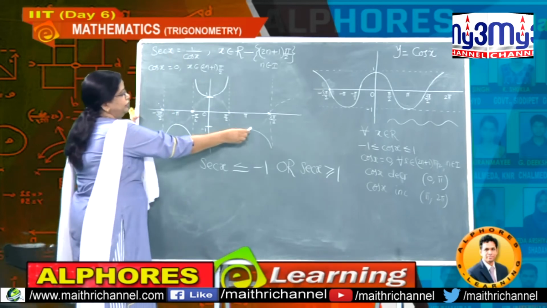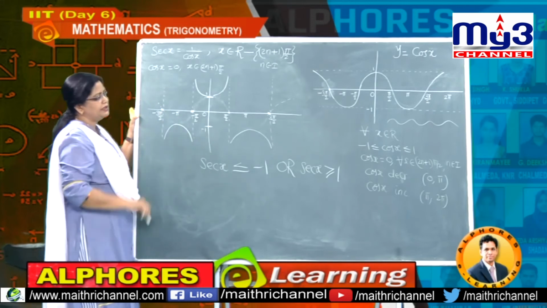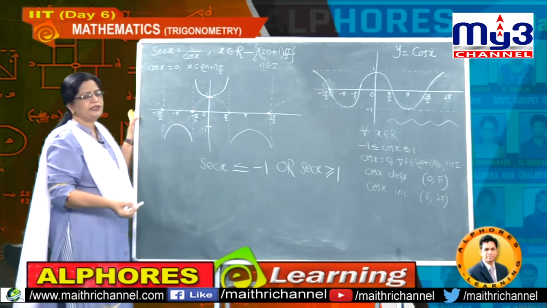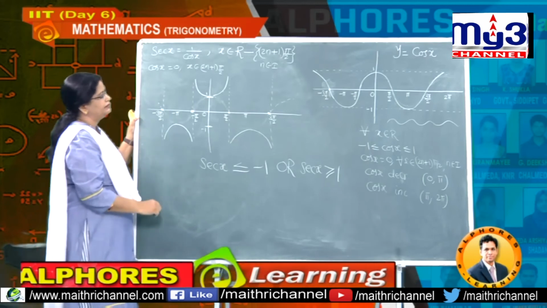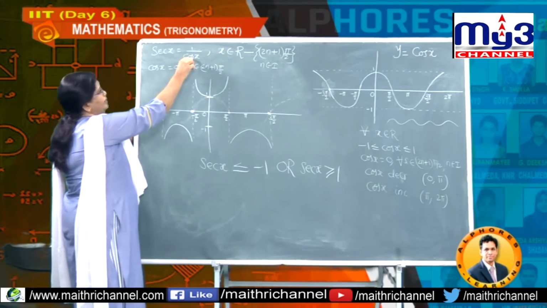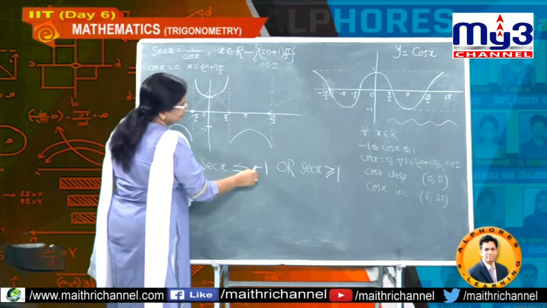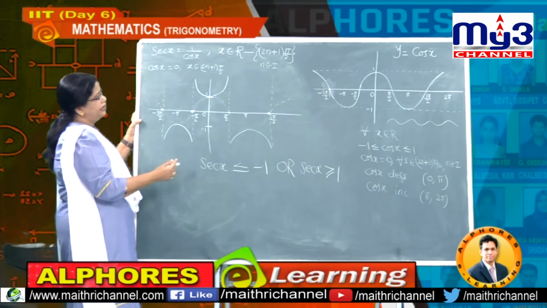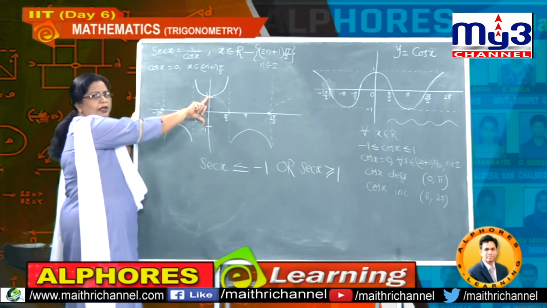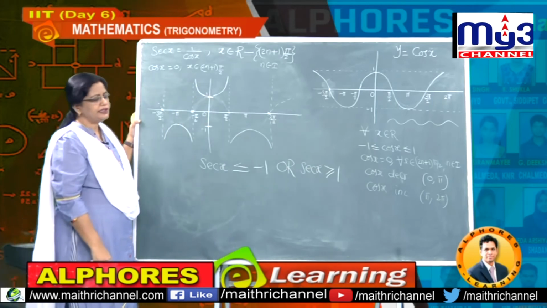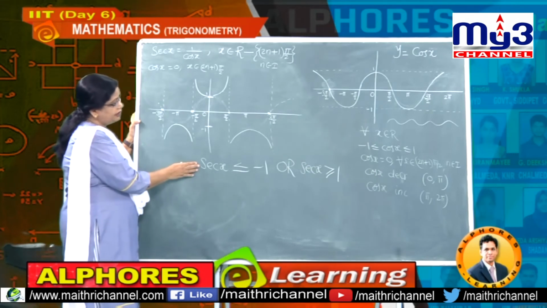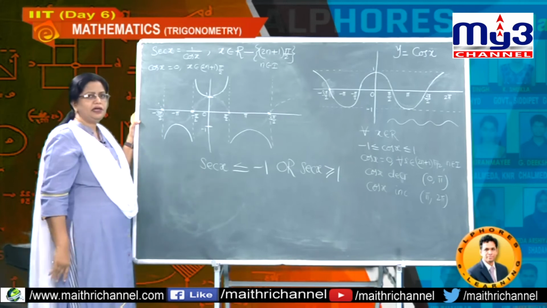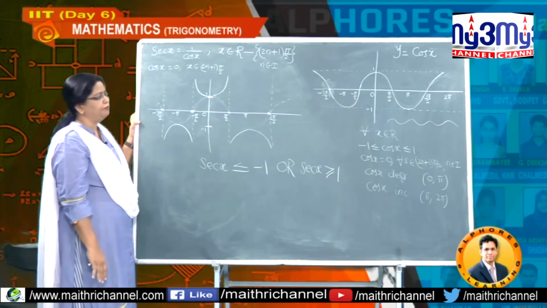Not only pi, if you take minus pi, again -1, and next if you take 5 pi etc., again you will get -1. Similarly it can take +1 also, but it won't take any values between -1 and +1, understand students? That means whatever secant x is taking, it is the same as our cosecant x graph also, understand?